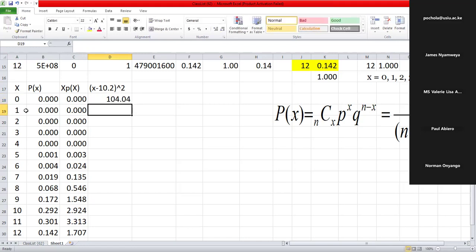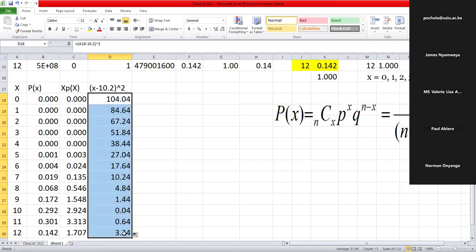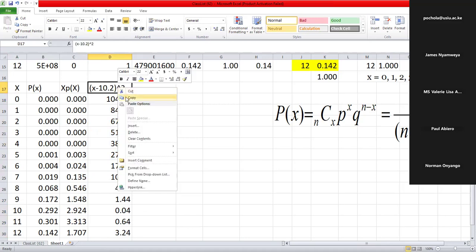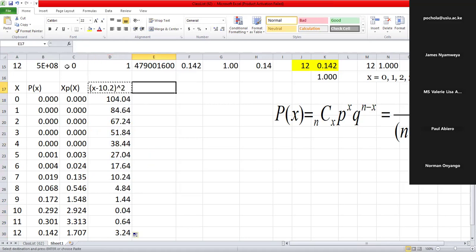That's the squared deviation. We did this again last time. Then we multiply this by the corresponding probability of x.